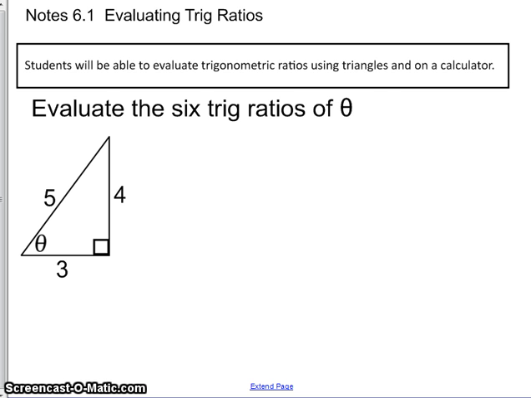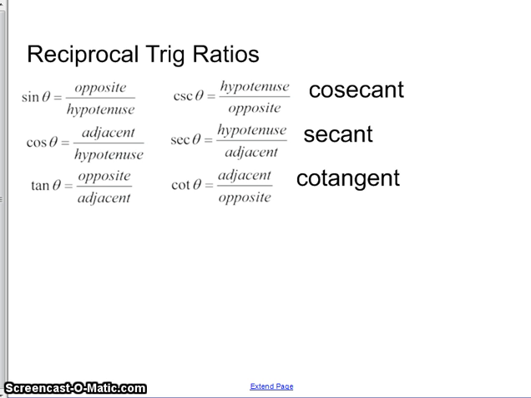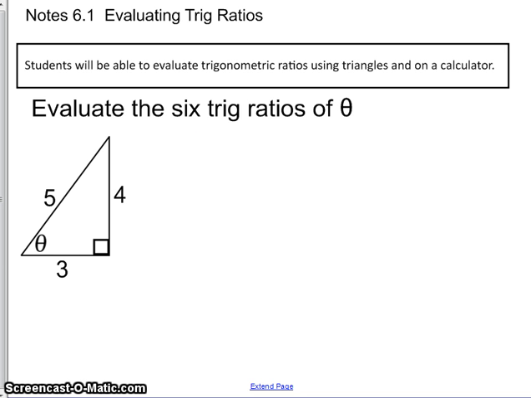So we know from our previous video the definitions of all of our trig ratios, and now we are just going to put them into use to come up with numerical values. So I'm starting with sine, and you have to have these definitions of the trig ratios memorized.